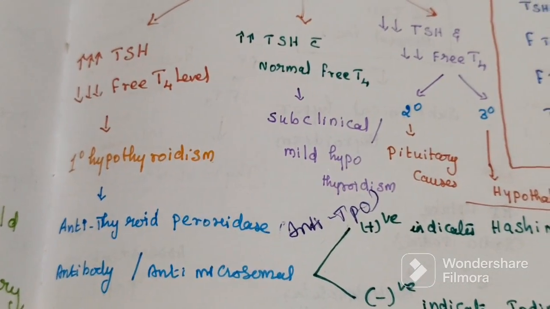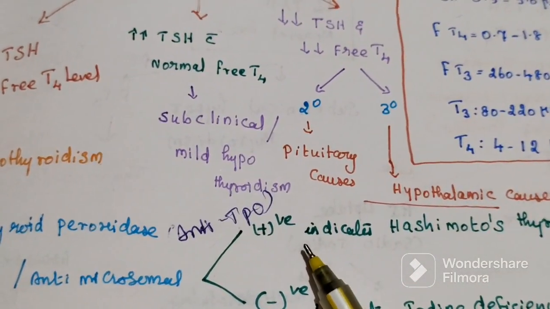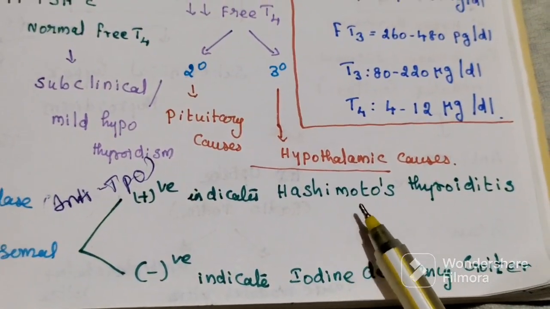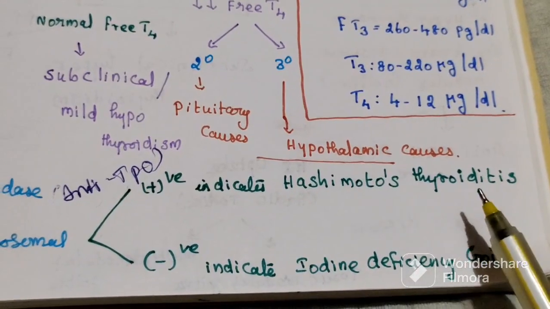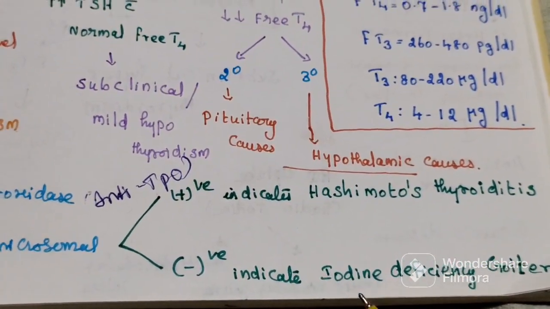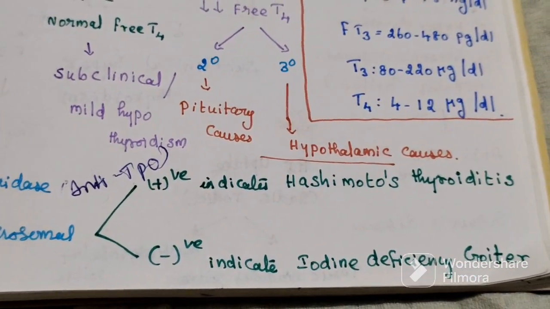If both these antibodies are positive, it indicates Hashimoto's thyroiditis. If these antibodies are negative, it may be due to iodine deficiency goiter.